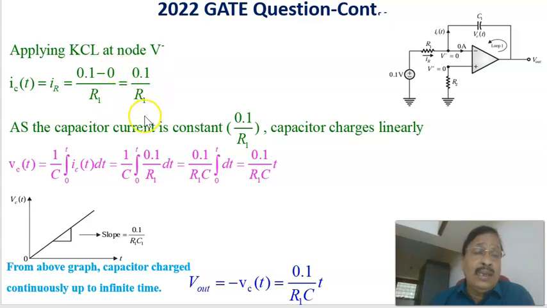This capacitor current, 0.1 divided by R1, is a constant.